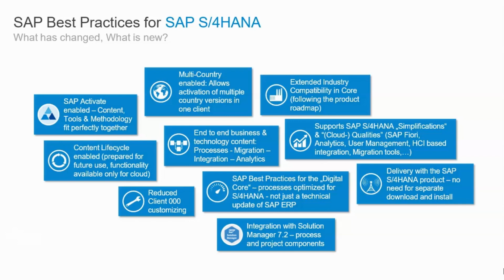Then we have content lifecycle. We have reduced client customizing, SAP best practices for the digital core, processes which are optimized for SAP S/4HANA, not just a technical update of ERP, and delivered with the SAP S/4HANA product.